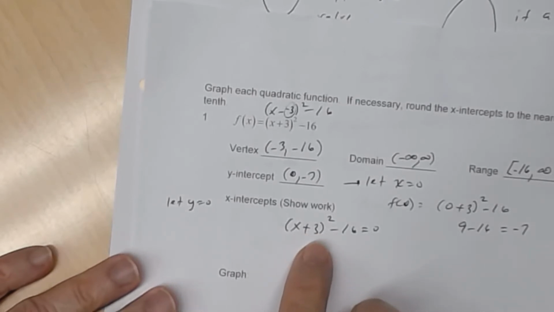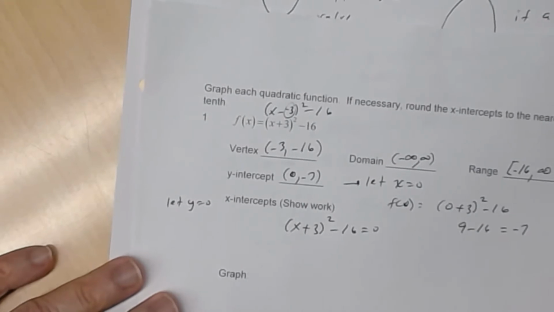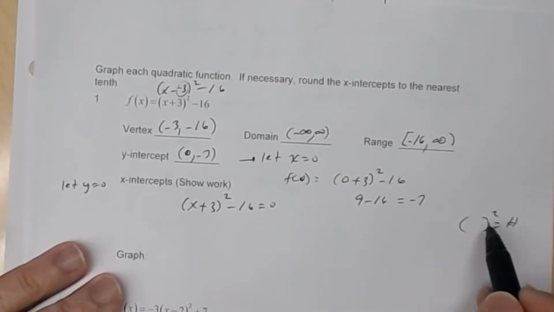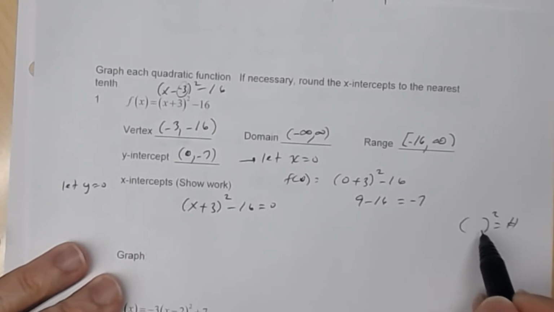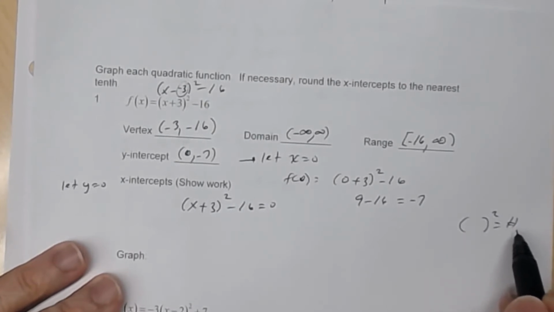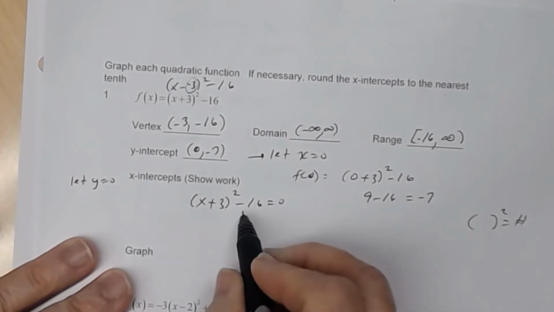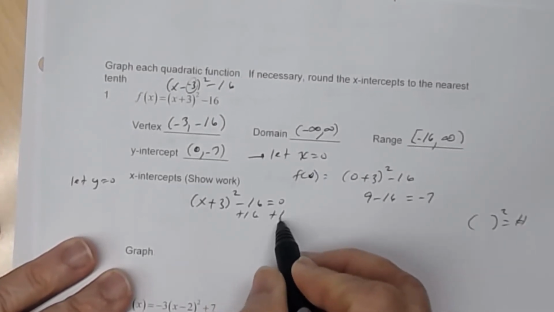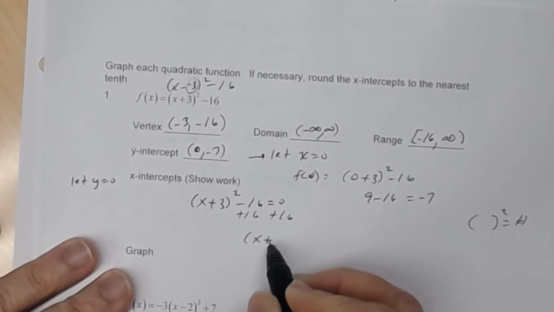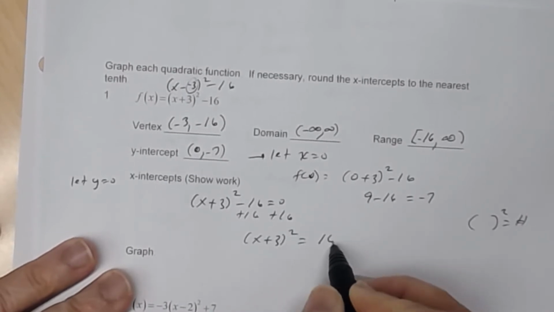But remember, you have to get that binomial squared by itself, and on the other side you have a constant. So the first thing you do is add 16 to both sides. And so I get (x + 3) squared equals 16.